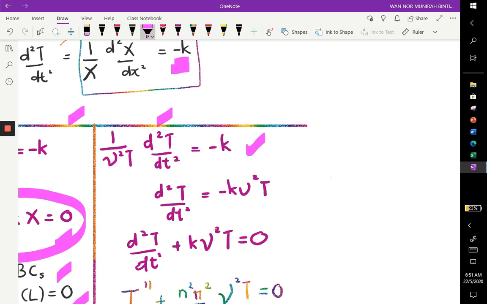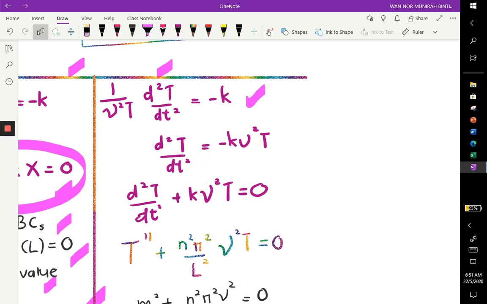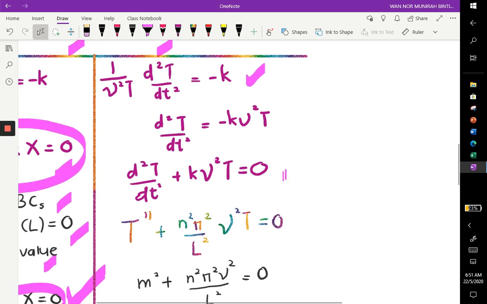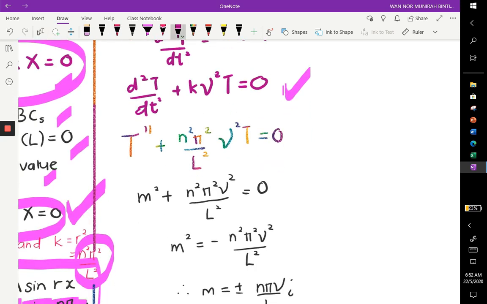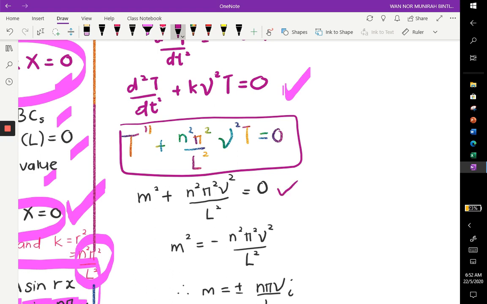Just the same thing, we try to rearrange the equation until we get the standard form of second order linear differential equation, so that we have this one. Okay, this time, we don't consider any boundary condition for the capital T, so that we can simply transform this equation in the form of characteristic equation, so that we have this one.